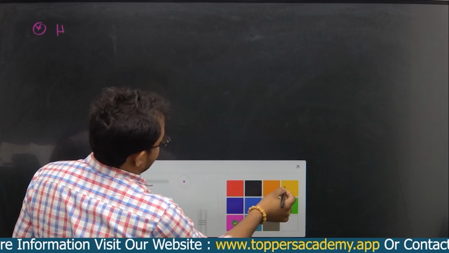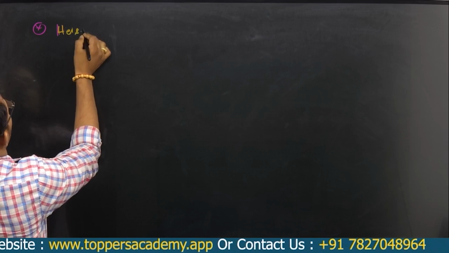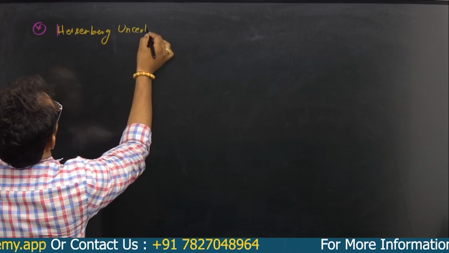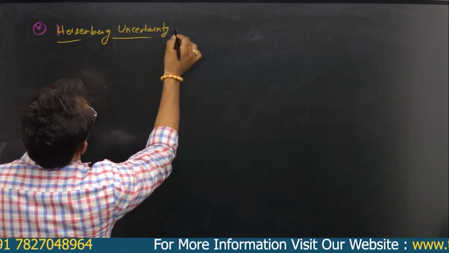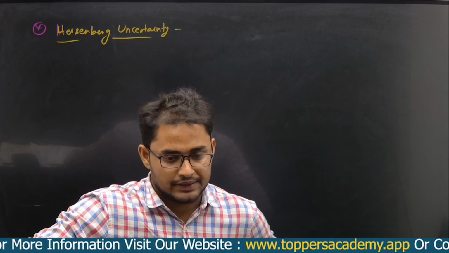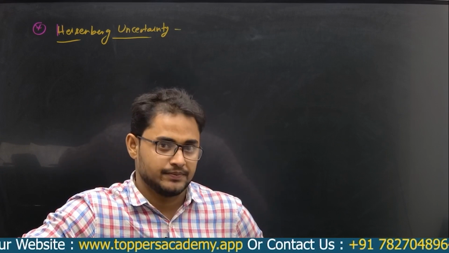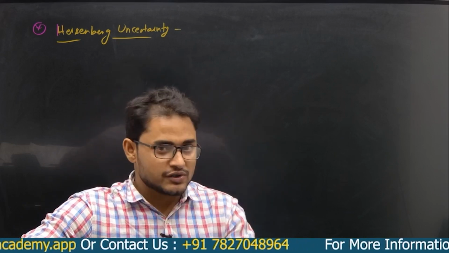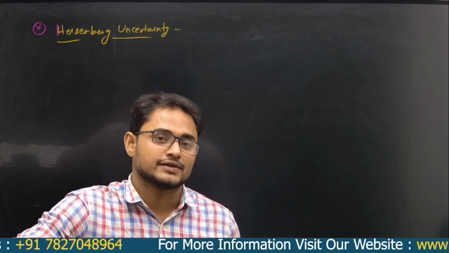Heisenberg uncertainty principle. He said that if an electron is revolving around a nucleus in an atom, it is not possible to calculate position and velocity of that electron simultaneously.